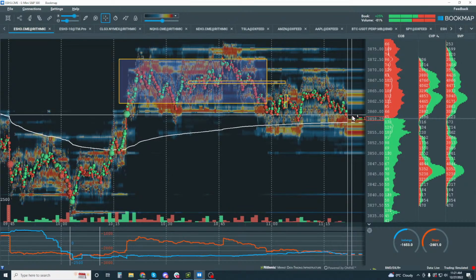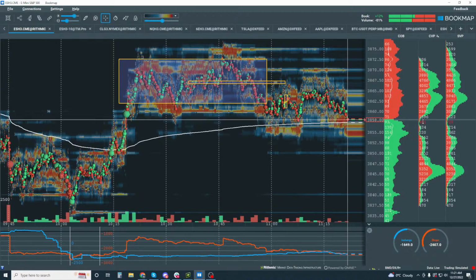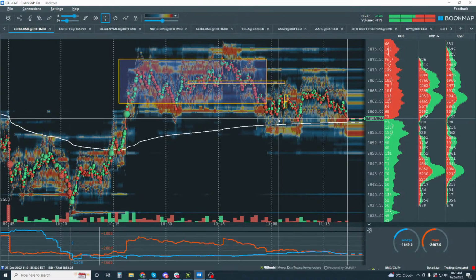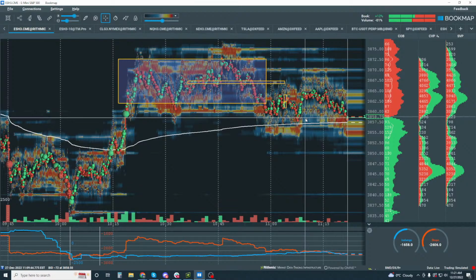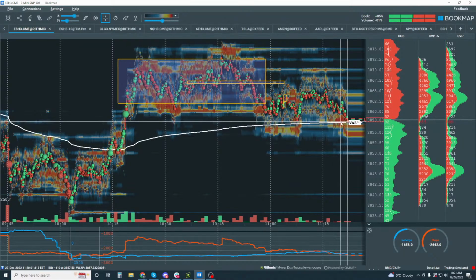And they're going to go for the VWAP and 57. So it's at the bottom edge of this profile here, and hitting VWAP.